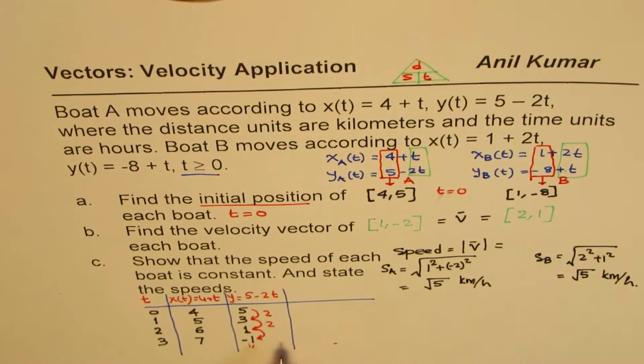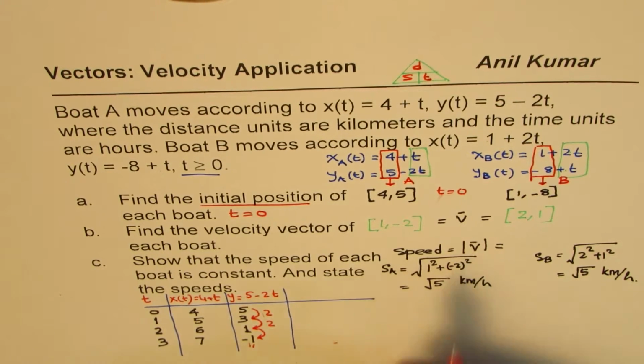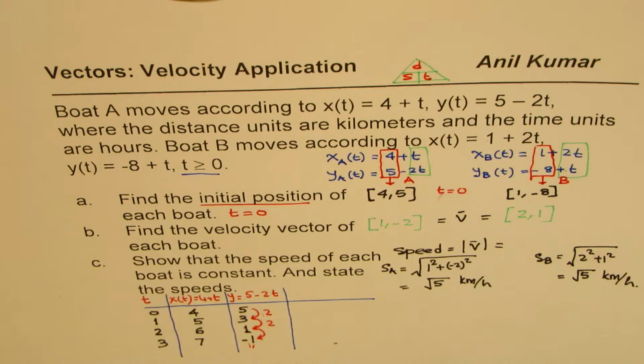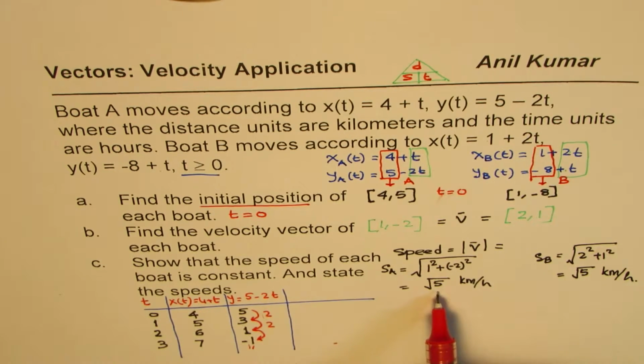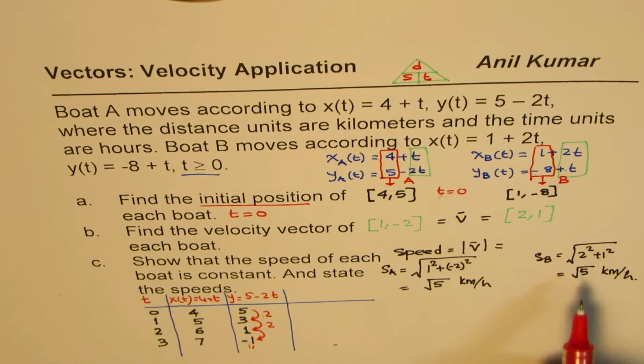That is what we're trying to say. There is a constant difference as x and y values change, so that clearly indicates that speed is constant. That's one way of doing it. And we have already calculated the value, which is square root of 5. You can do the same calculations for the second boat also.